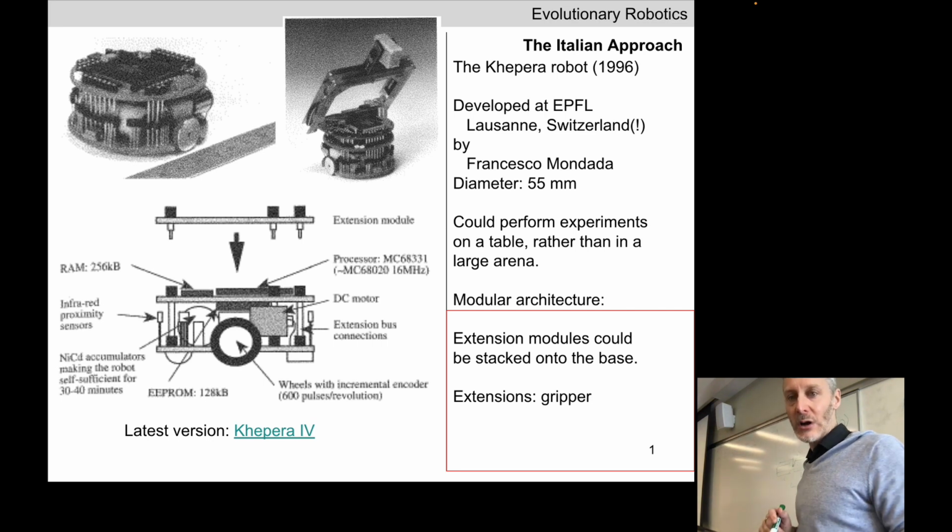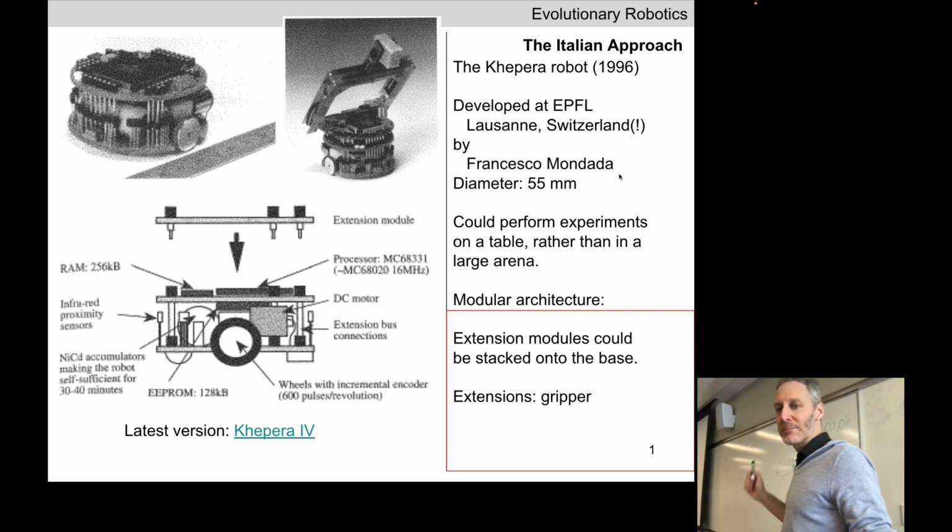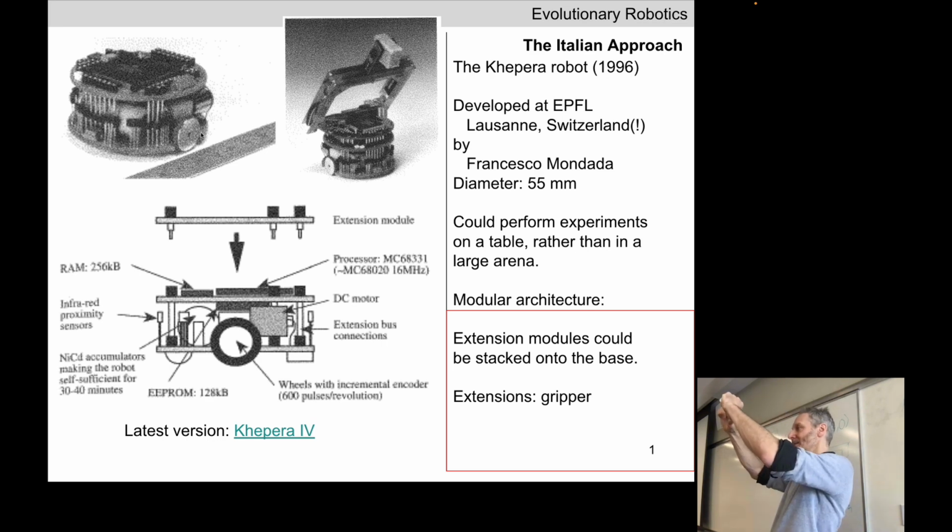One of the groups was led by Francesco Mondada and another Italian researcher, just to make things confusing. They were working in Switzerland, and back in 1996, they built this relatively simple robot called the Khepera. It's about the size of a hockey puck.